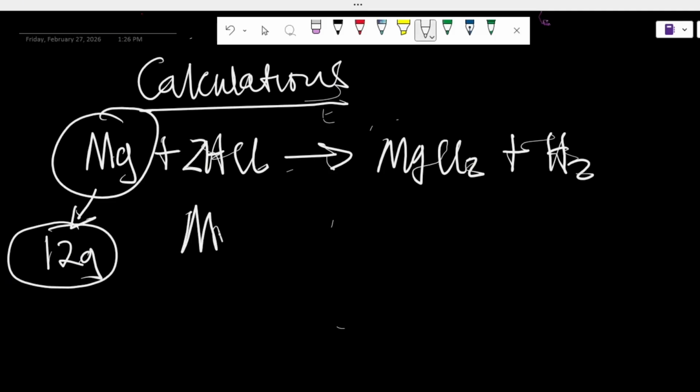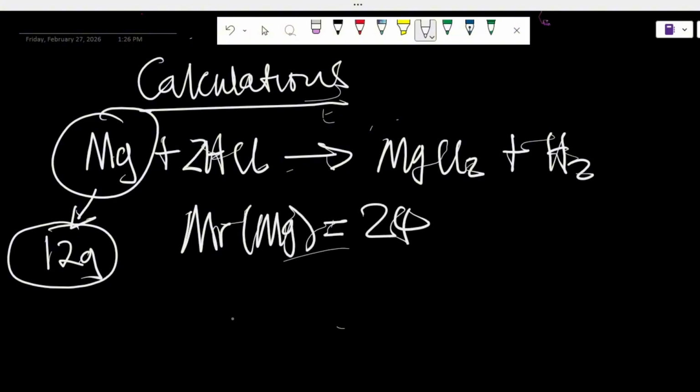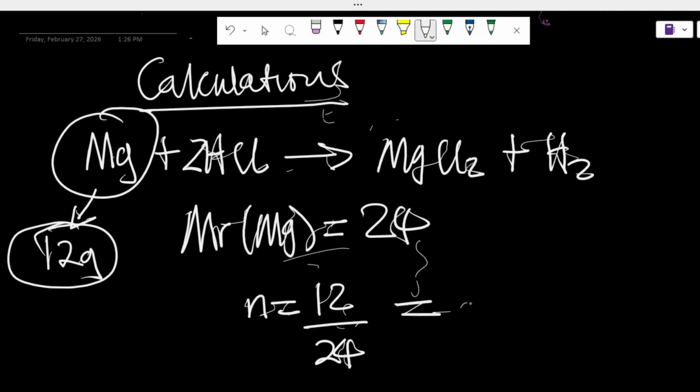Now, the relative molecular mass for magnesium is actually 24. So we can go ahead and find the number of moles. And this is going to be, what's the mass here? Notice that it is 12. So it is 12 over the relative molecular mass, which is actually 24. So this is also going to give us 0.5 moles. So this is our answer.